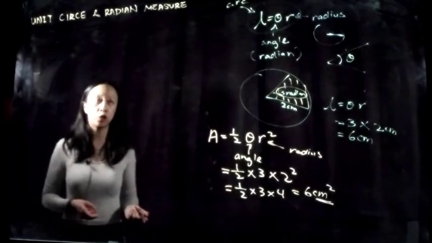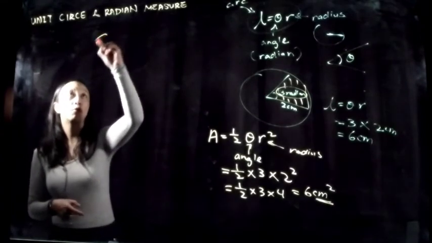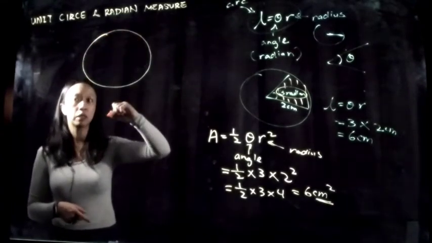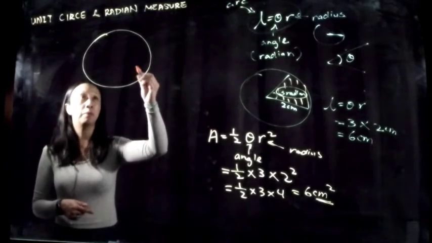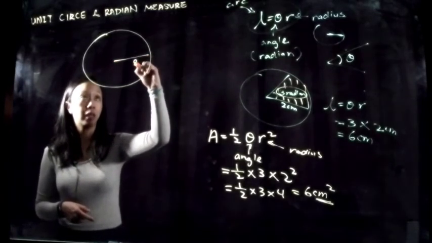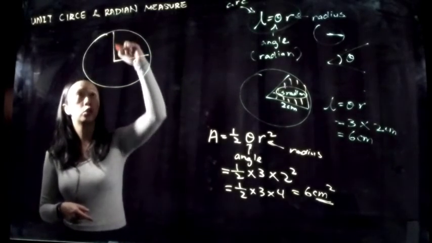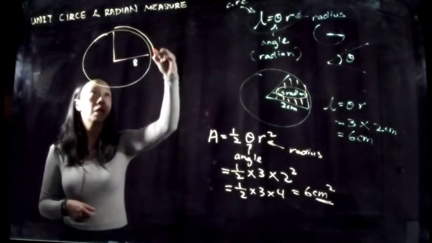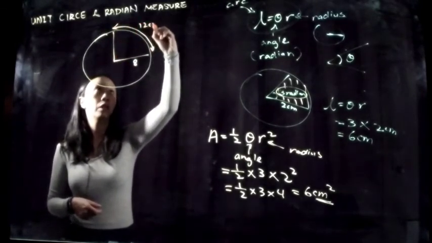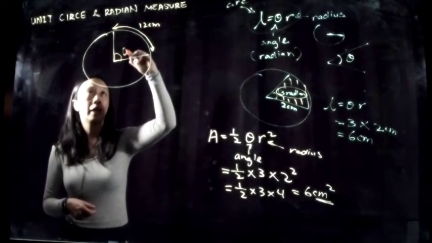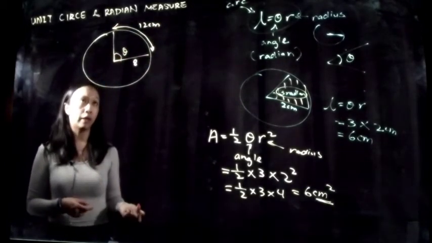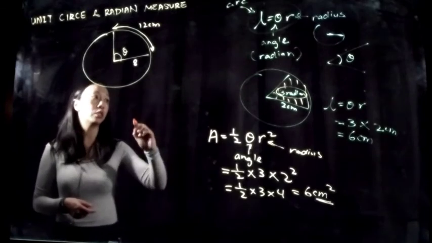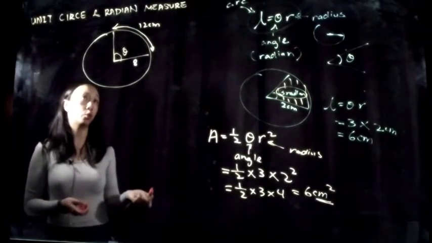Sometimes questions can be quite tricky. For example, if we have a circle with the radius of 8, and because we are used to answering when the angle is given, but sometimes it's the arc that is given. So if we want to find the angle, how do we do that? We still use the same formula. Which formula should we use?